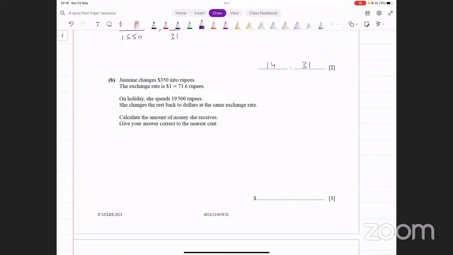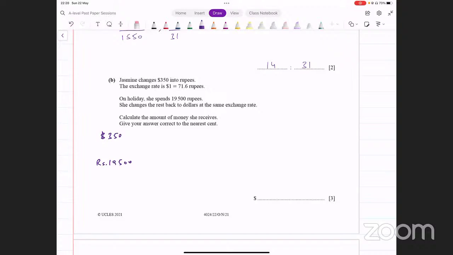Okay, so we are basically starting from $350. उसके पास तो start में amount है, that is $350. उसमें से उसने spend कितने कर लिए हैं? Spend उसने कर लिए हैं 19,500, लेकिन वो rupees में information दी हुई है.